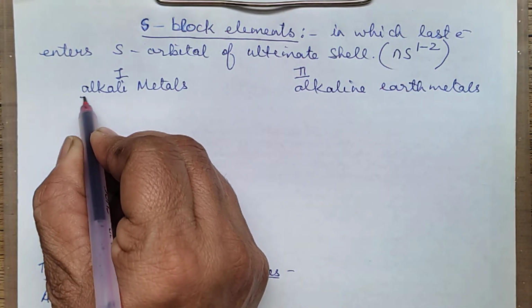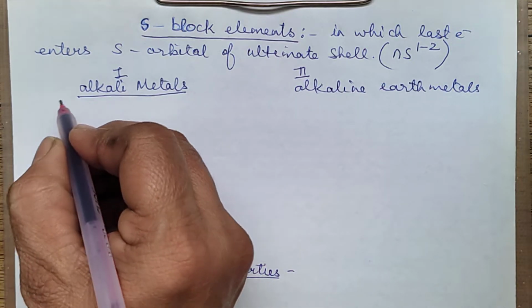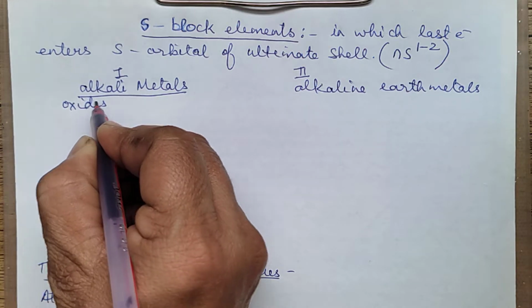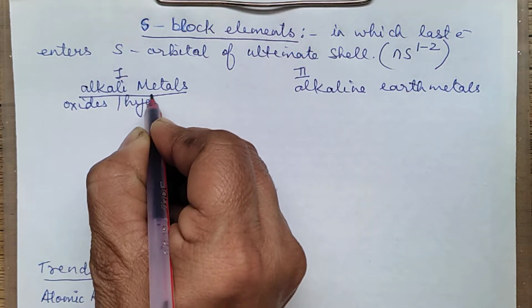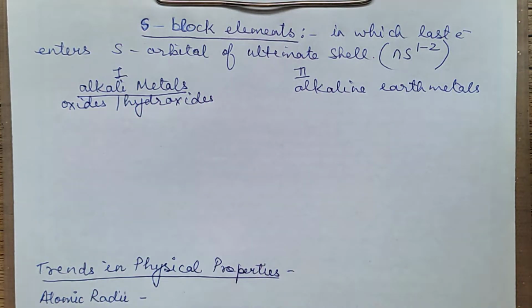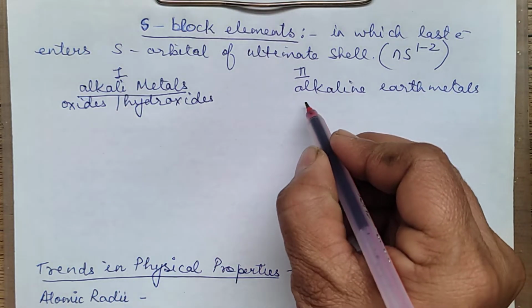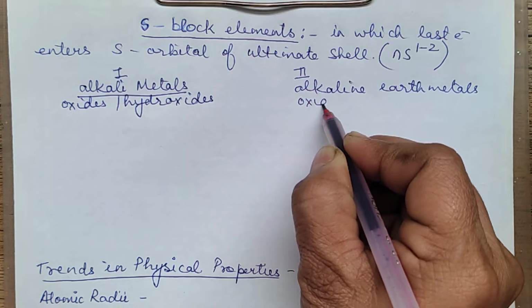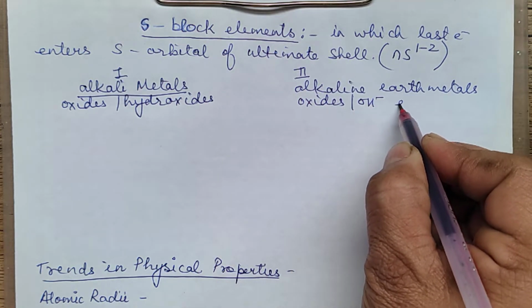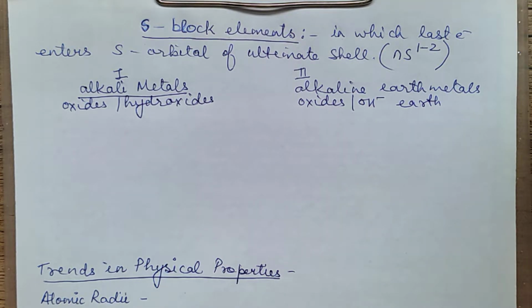Group 1 elements are called alkali metals because they are so reactive and they react with air and with water, and they form oxides and hydroxides which are alkaline in nature. Alkaline earth metals also react with air, forming oxides and hydroxides, and are found in the earth, so they are generally termed alkaline earth metals.